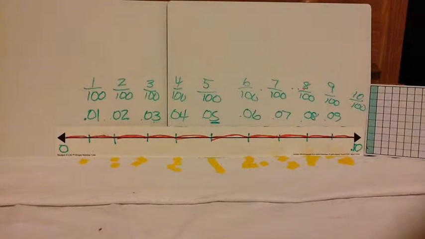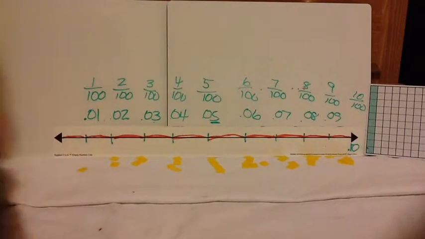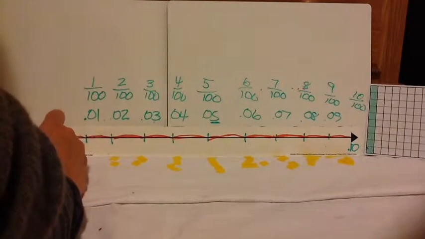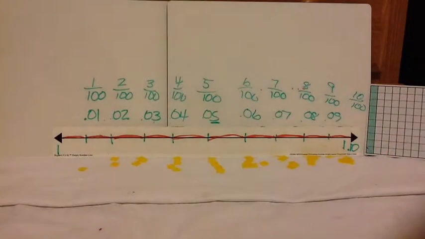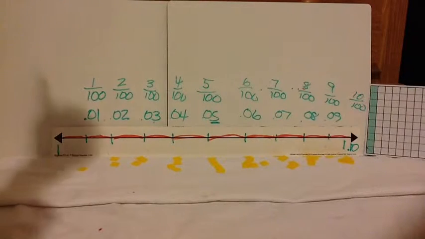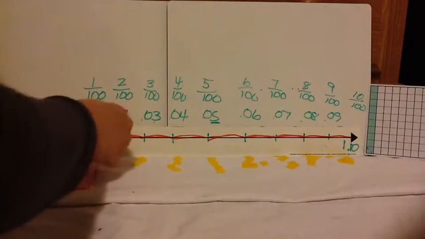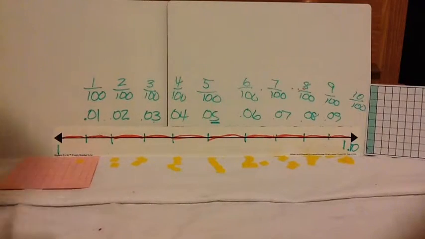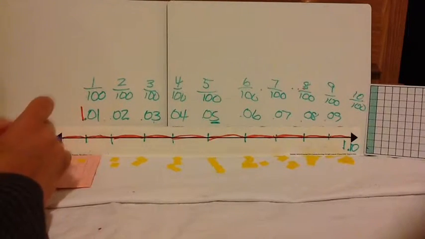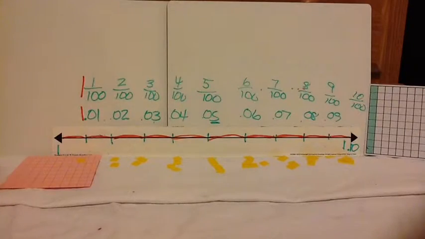Now I'm going to go into real quick what it would look like if you had from 1 to 1 and 1/10. Okay, so I'm going to add the changes in red. If I had one whole, which is considered one whole in decimal place value, and 1 hundredth, I would say 1 and 1 hundredth.